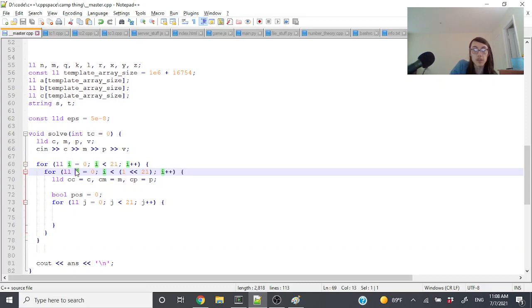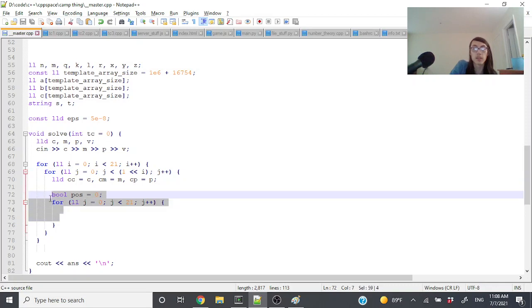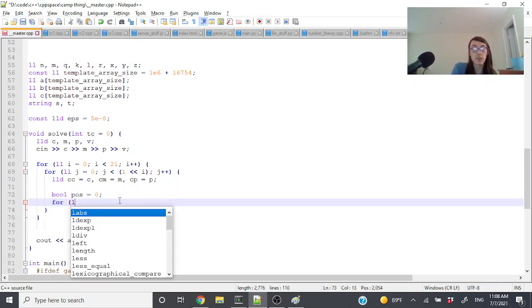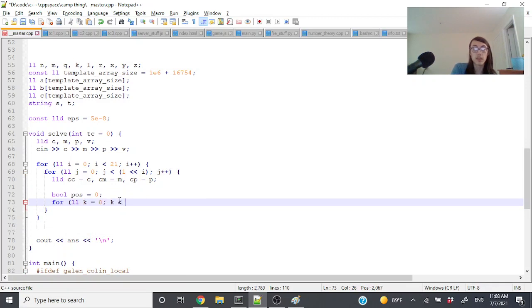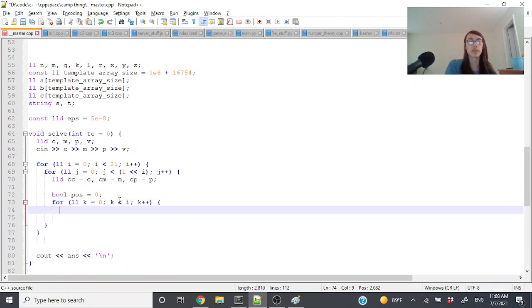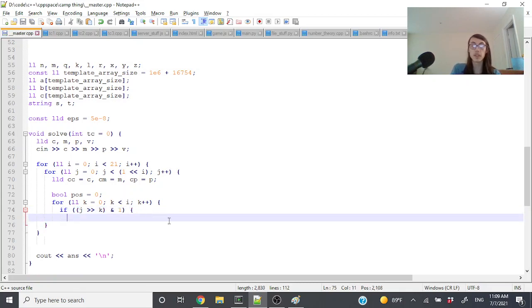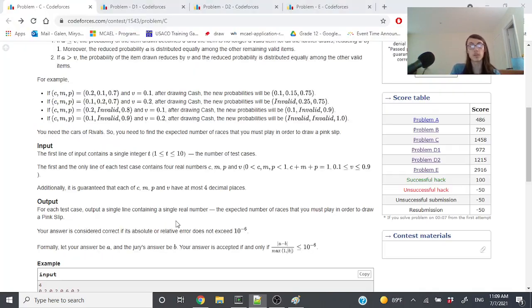Then we can do j is 0, j is less than 2 to the i, j plus plus. And then this sums to 2 to the 22nd. And then for k equals 0, k is less than i, k plus plus. Then we're iterating over the length of the sequence. So if j shift k and 1, then we remove from C.